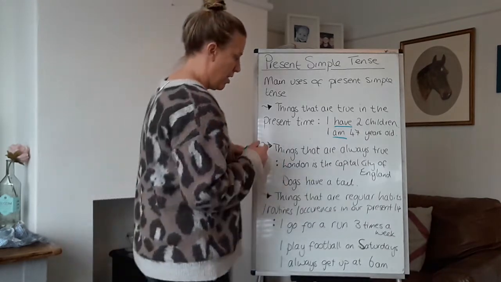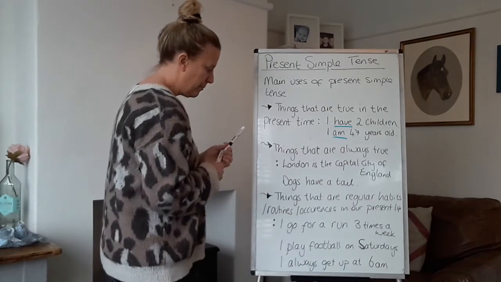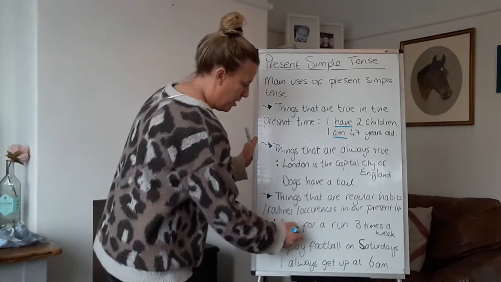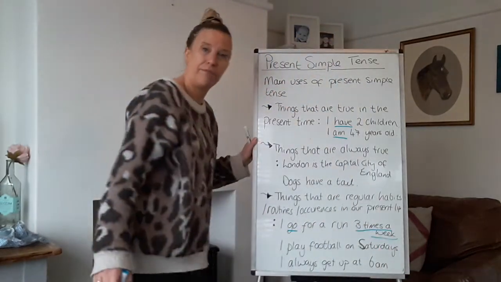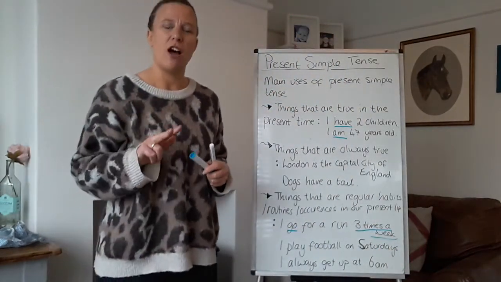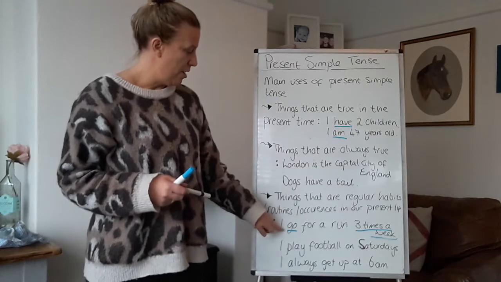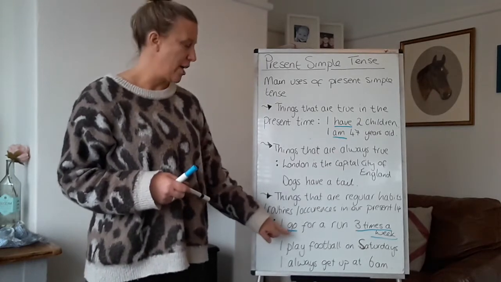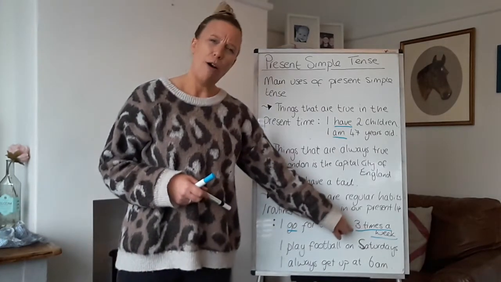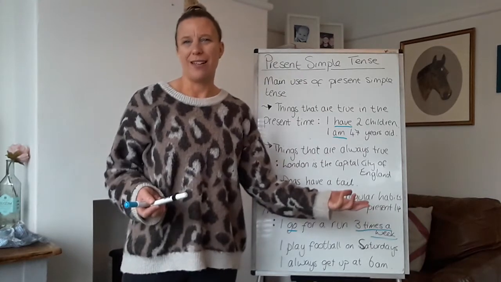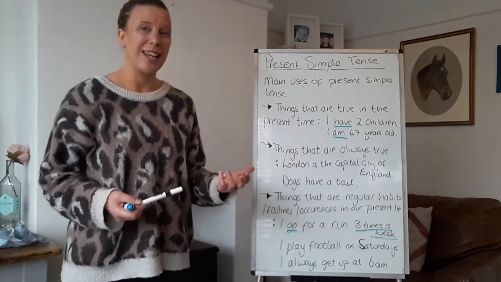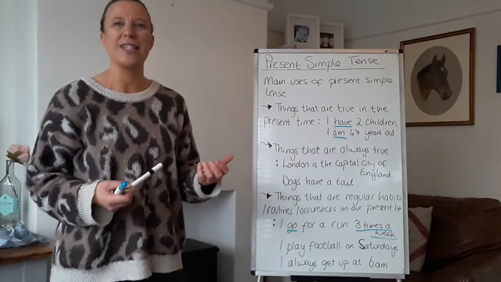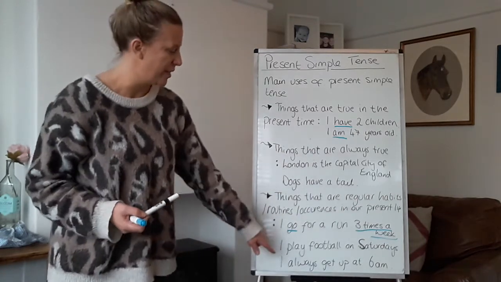So for example, I go for a run 3 times a week. Okay, I go for a run 3 times a week. So there's our verb, it's our subject, I go for a run. How often do I go? 3 times a week.